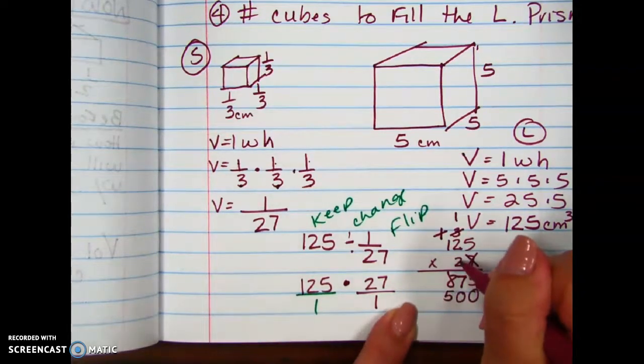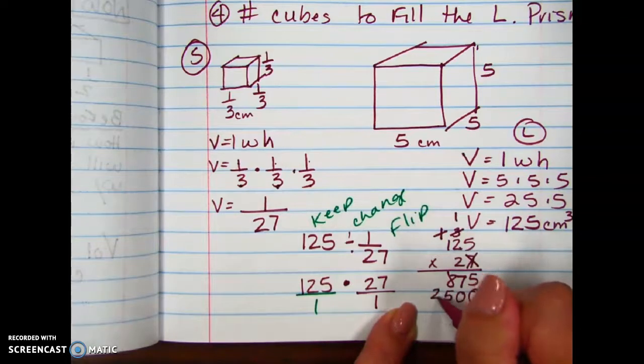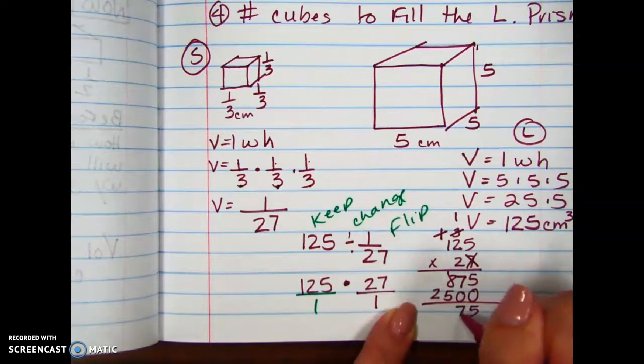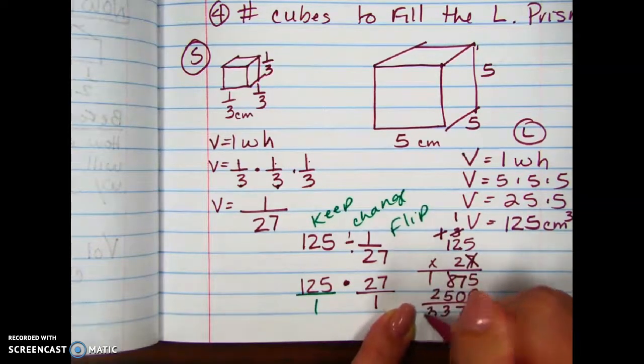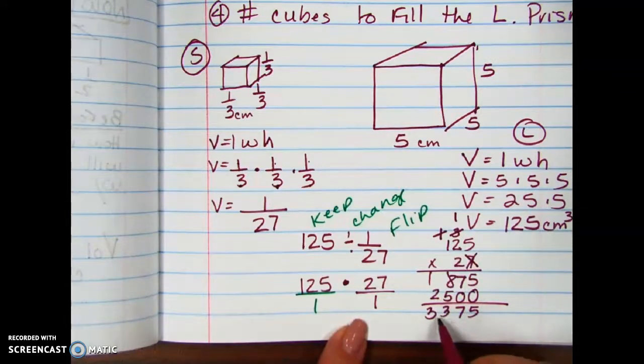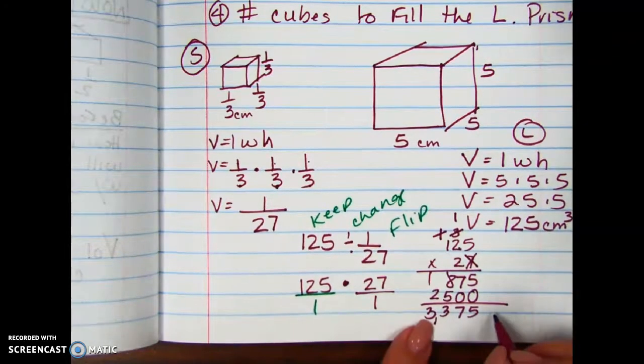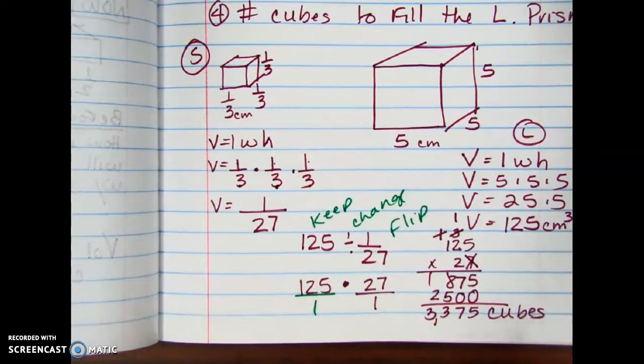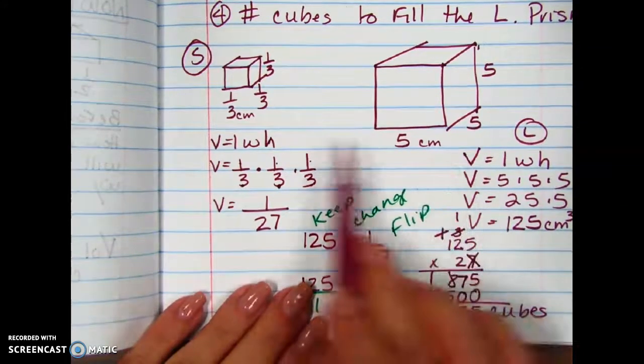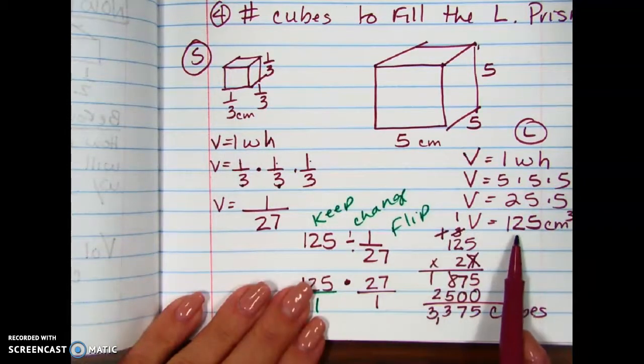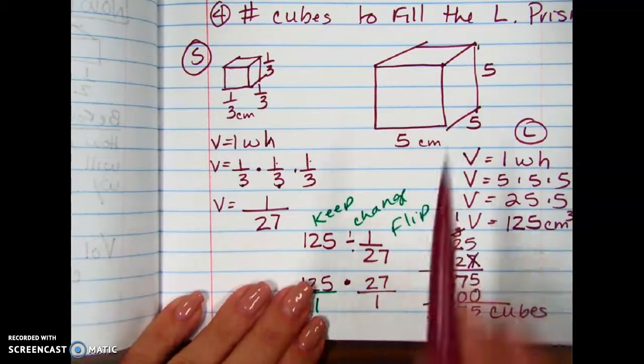And then I take 2 times 1, and I end up with 3,375 cubes. Now remember, if I was just using 1-inch cubes, it would be 125 that would fill that.